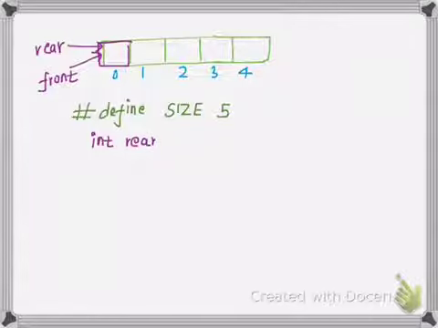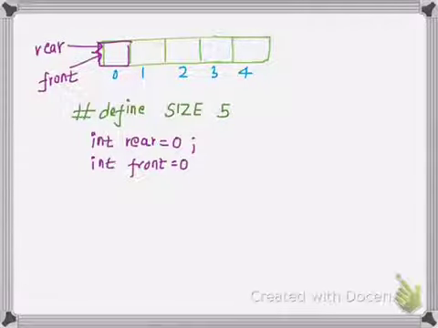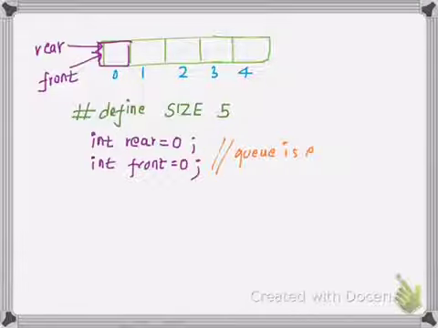So int rear is equal to 0, and at the same time I'm going to declare int front is also equal to 0. So both rear and front are pointing to 0 at first, and this means that our queue is empty.